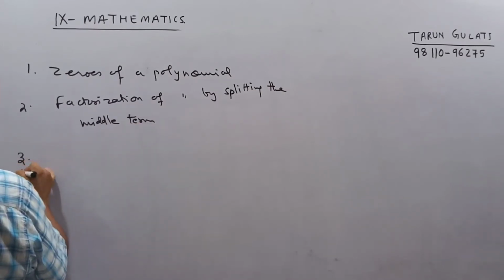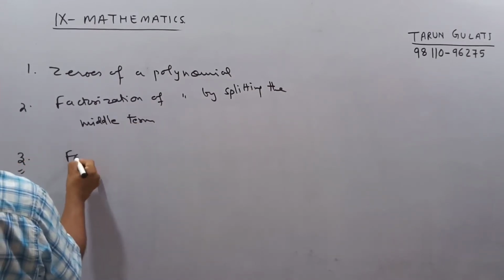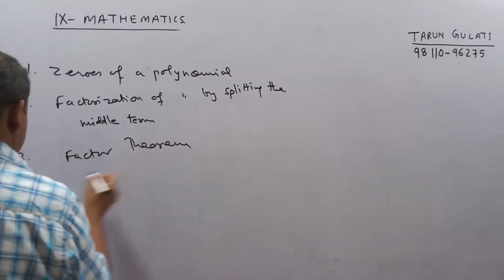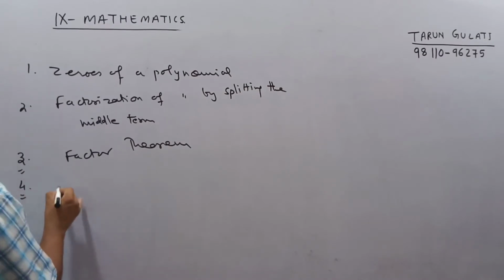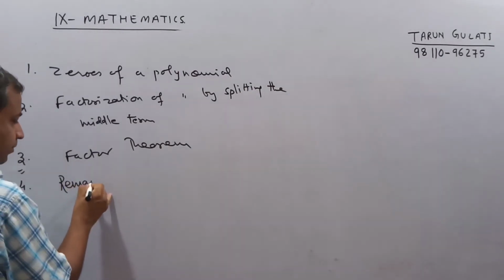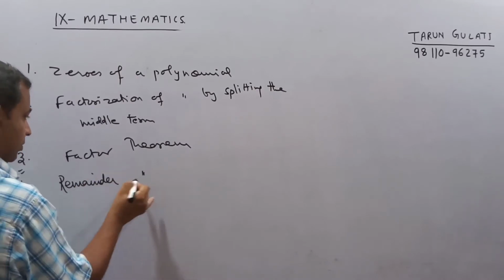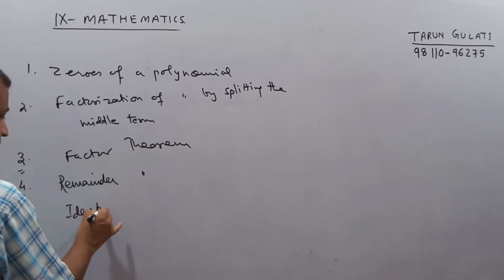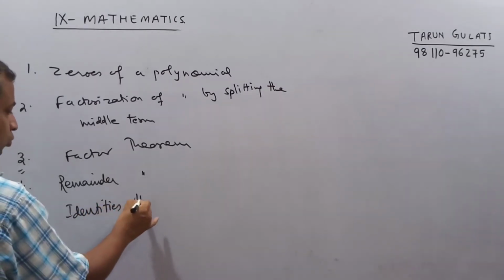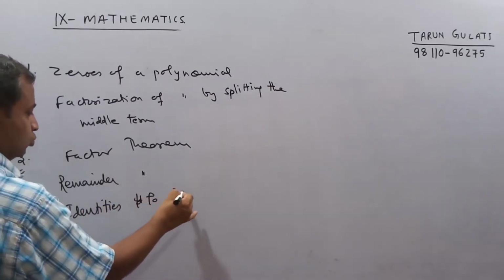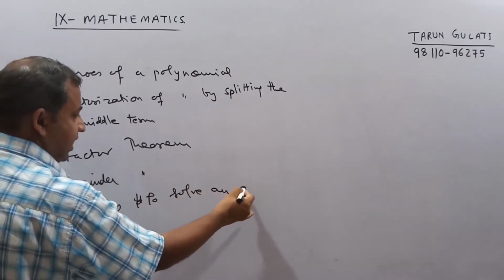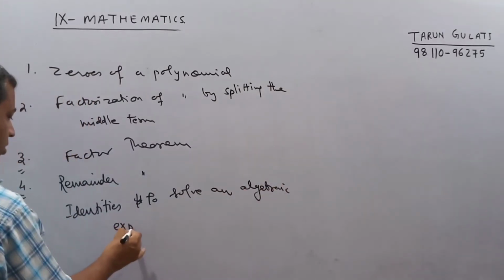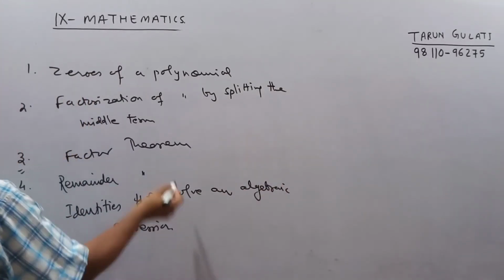And number 3, we must keep in mind the factor theorem. Number 4, we must understand the meaning of remainder theorem. And we should keep in mind some identities to solve an algebraic expression. This whole is the chapter.